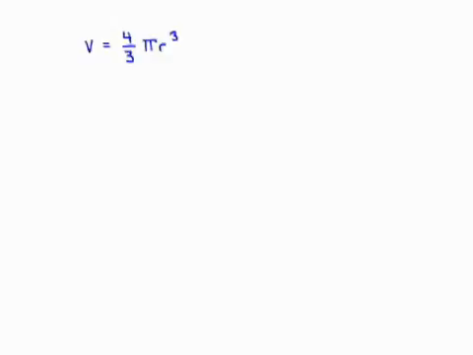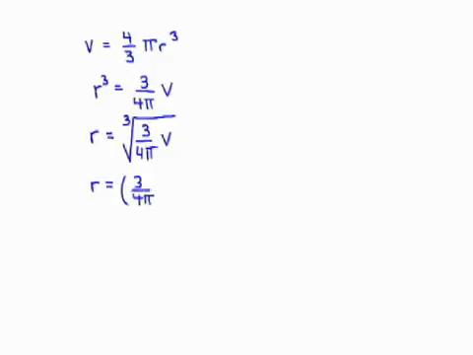What we're going to do is take our function, V equals 4/3 pi r cubed, which is V expressed in terms of r, and rearrange it such that r is expressed in terms of V. I've also done it in your study guide, and you'll notice that r is equal to 3 divided by 4 pi times V, all raised to the 1/3. I don't think any of you would have difficulty seeing the algebraic manipulation required.